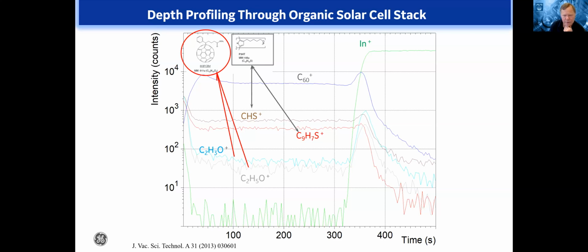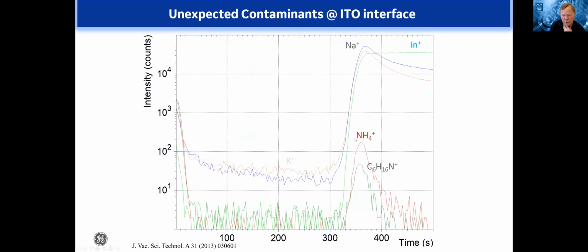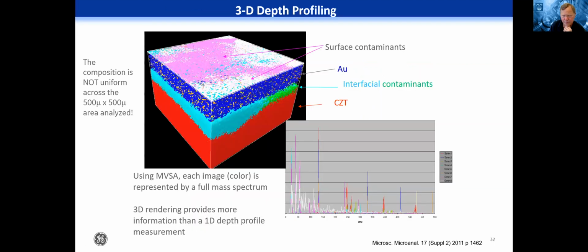Here we could see the molecular signatures throughout the thickness of the layer, and we're seeing some enrichment at the interface. At the interface, we're also seeing sodium. A big surprise was the nitrogen functionality at the interface. So a key learning in this instance was the nitrogen functionality.